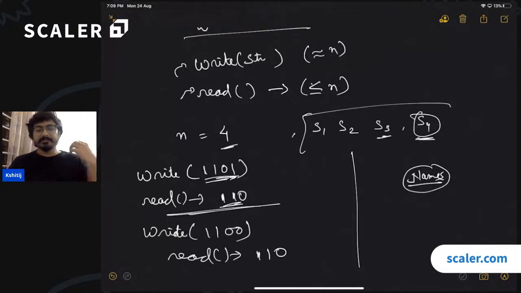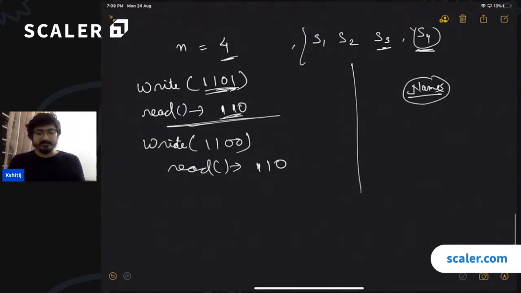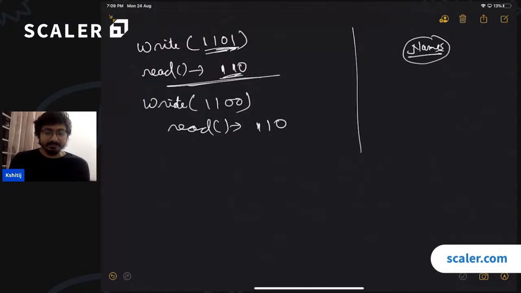Now the question is, can we compare the bits and check the missing one? Let us take a bigger example. If we are talking about only 4 slaves, then this looks kind of obvious.